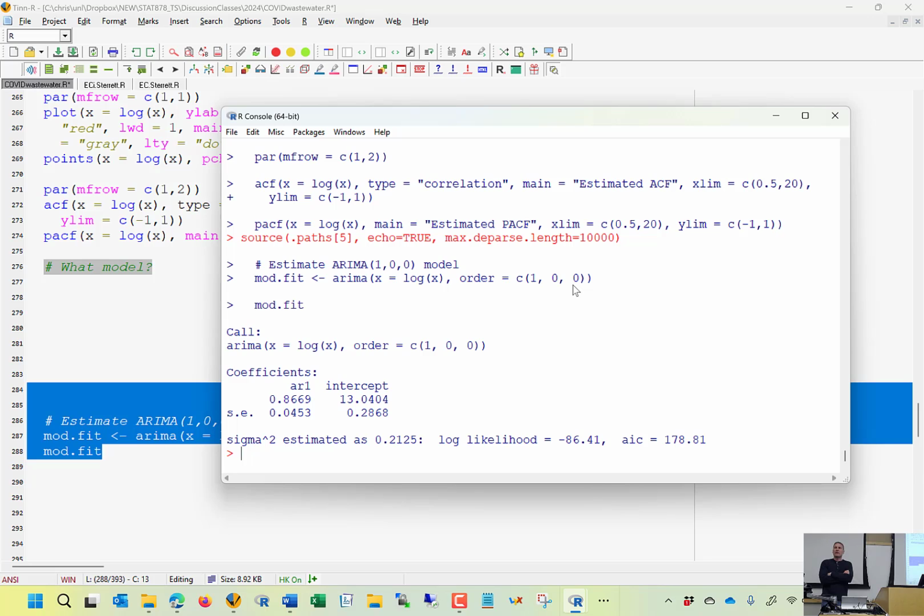Notice what phi hat 1 is. It's 0.87. Look at its standard error. If I did plus or minus 2 standard deviations, I essentially would get a 95% confidence interval. So that upper bound is going to be about 0.96, getting close to 1.